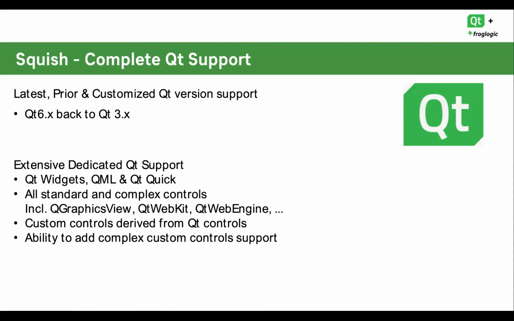So no images are taken for identification; we work based on properties. But as a fallback, we can also do image-based testing based on image comparisons and optical character recognition.